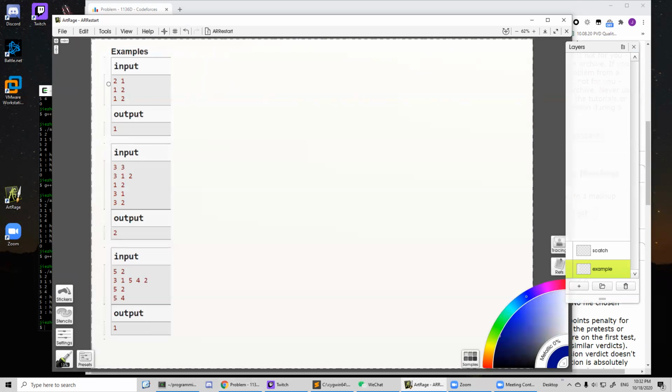And the first number is the number of people in the row, right? So we have two people in the row, and they line up like this. The first place is occupied by person one, and the second place is occupied by person two, right?